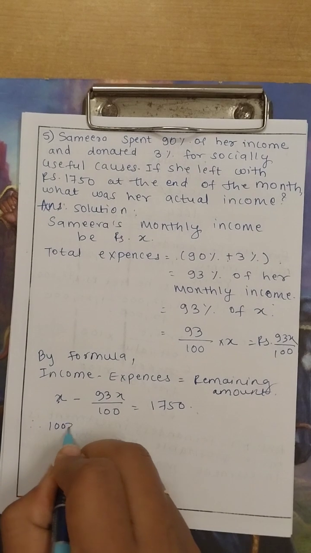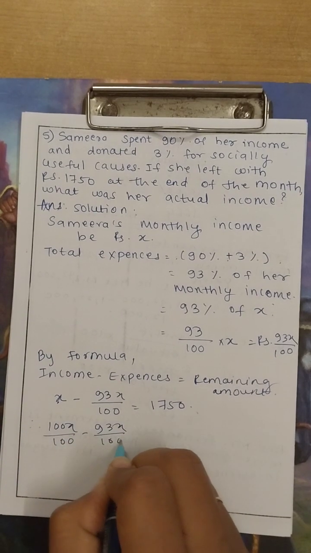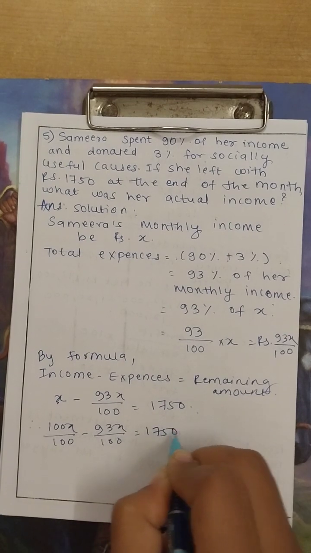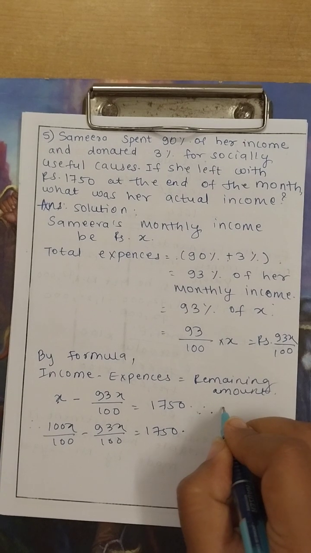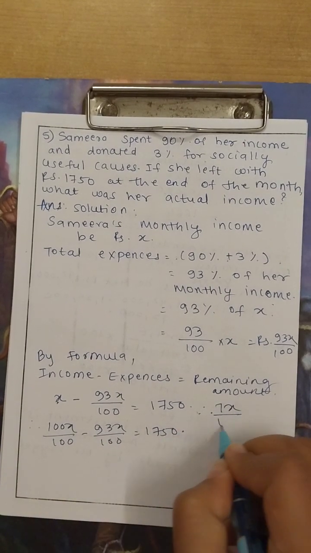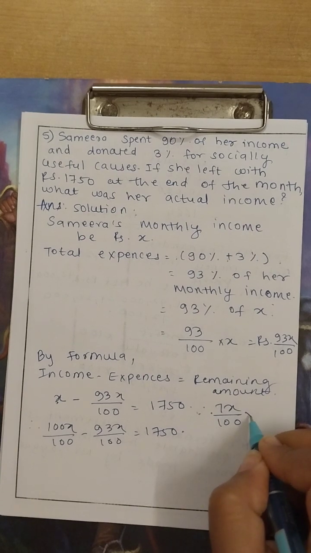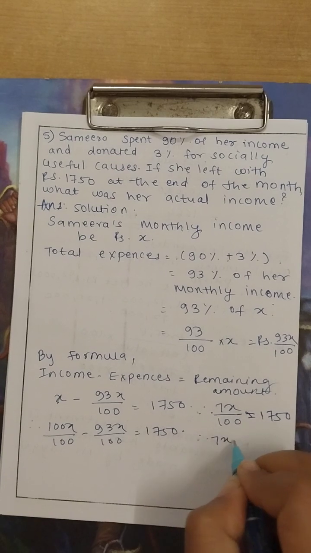You will get 100x upon 100 minus 93x upon 100 is equal to 1750. Therefore 100x minus 93x is 7x upon 100 is equal to 1750.